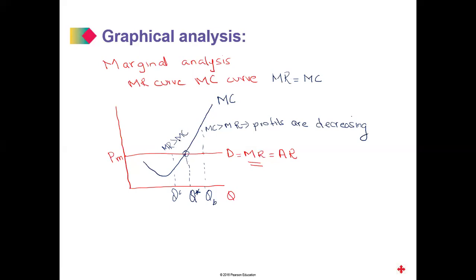So at this point, our marginal revenues are greater than marginal cost. It means that profits are increasing, but it is not the maximum profit.